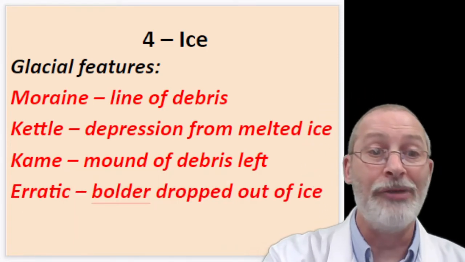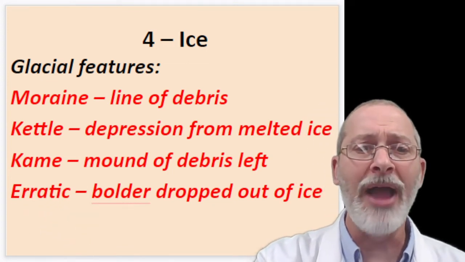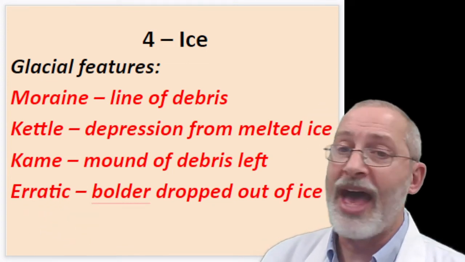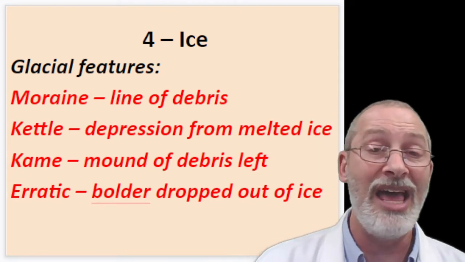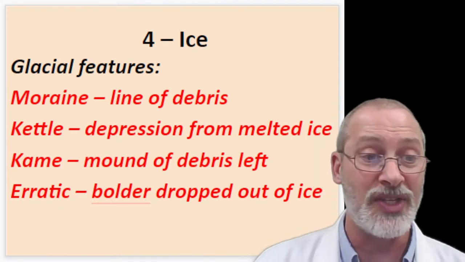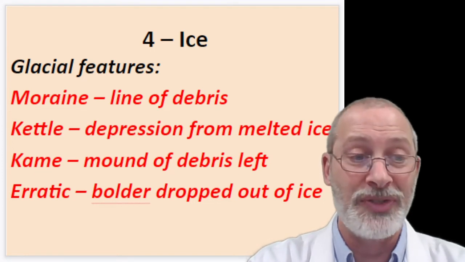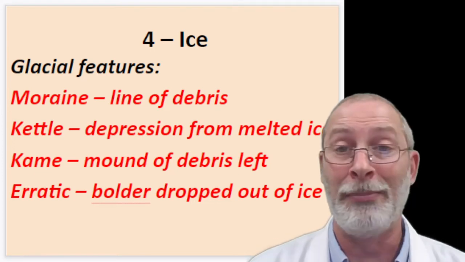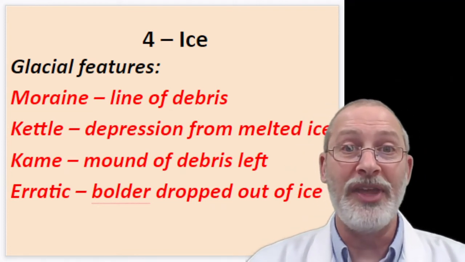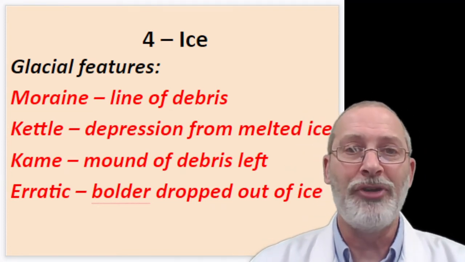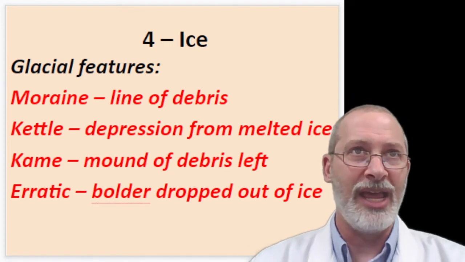Here's a cool one: erratics. Erratics are boulders that were dropped out of the melting ice and left in very unusual places, like on the tops of mountains where these things didn't belong. The native people, the Lenape, had a different name for them. I can't think of the name offhand.